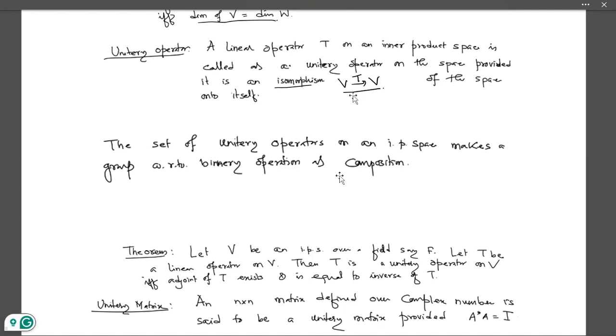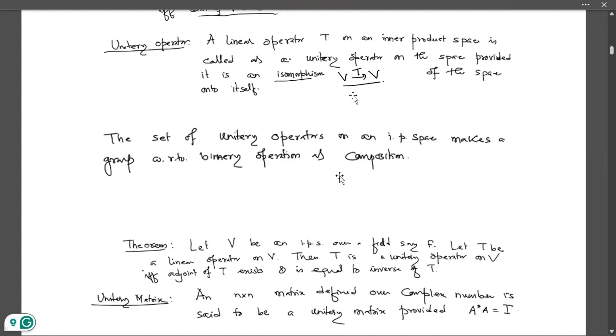This is an isomorphism of inner product spaces. So basically, if it is unitary, then this will preserve inner product structure, because an isomorphism preserves inner product structure and sends unit vector to unit vector.